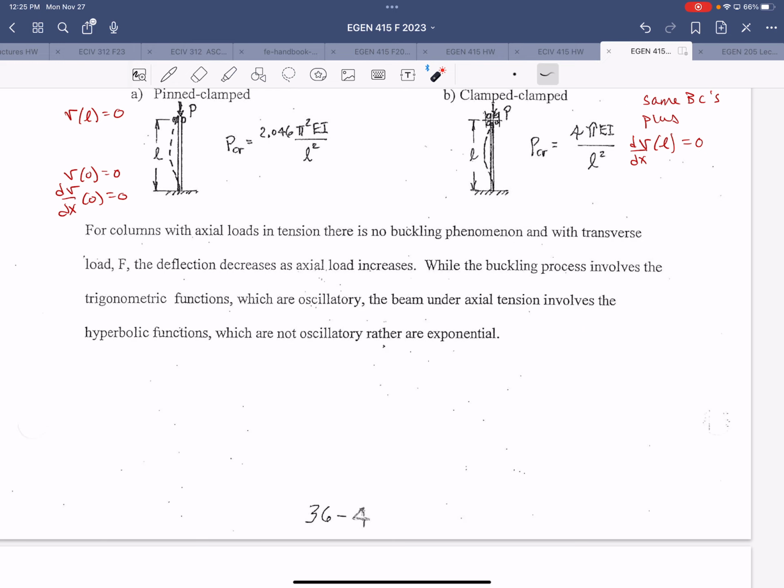And then if we have columns that have axial loads in tension, we don't have to think about buckling. Instead, the deflection of the column or beam due to any transverse load would decrease due to an applied load in tension, as you can imagine, right?